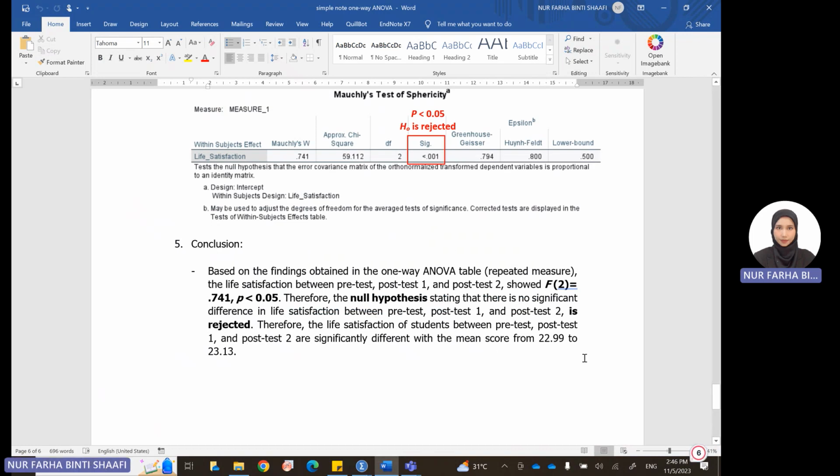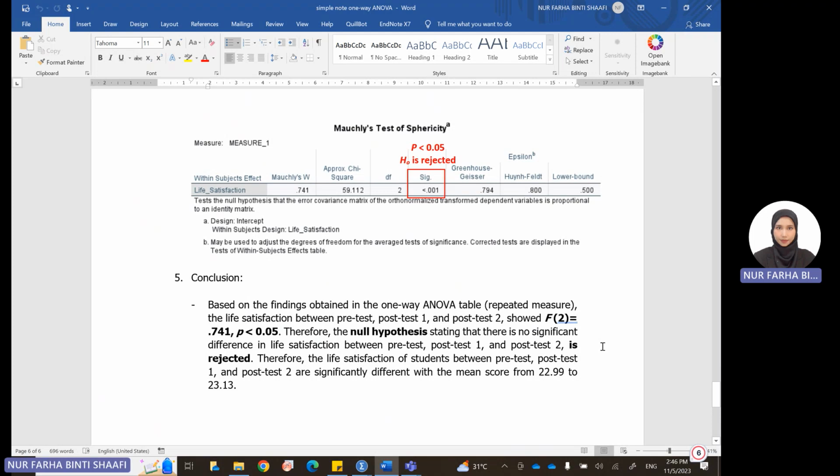So based on these three, you can see that for the first one-way ANOVA, when your significant value is more than 0.05, you are saying that the null hypothesis is accepted, or failed to be rejected.